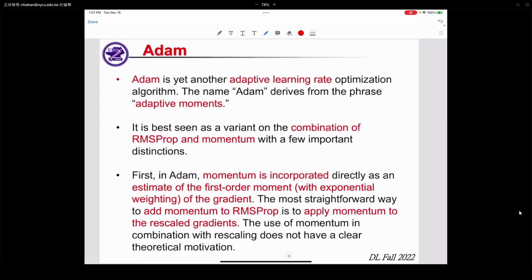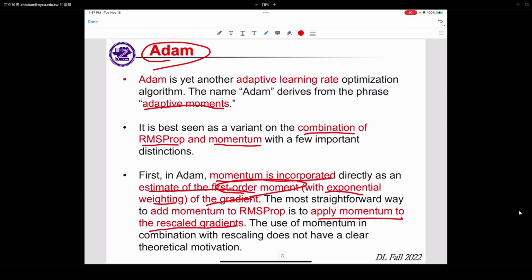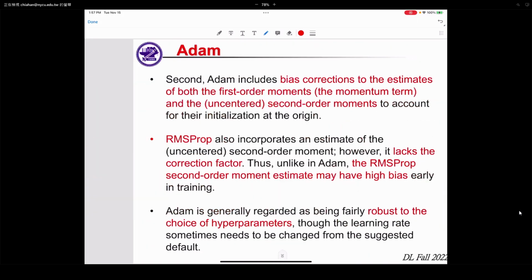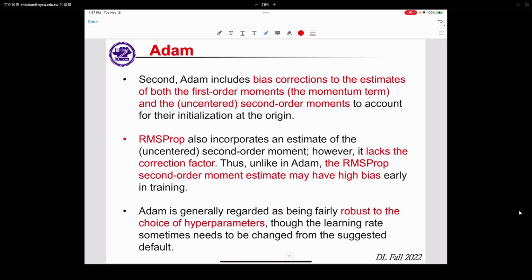This is the first thing: we incorporate the momentum into RMSProp. And secondly, we introduce the correction terms. We'll go back to this later.